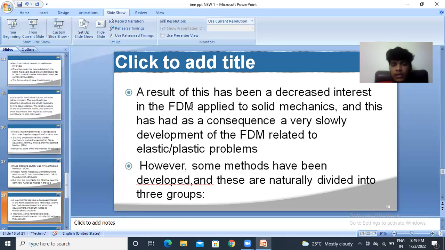A result of this has been a decreased interest in the FDM applied to solid mechanics. And this has had a consequence: a very slow development of the FDM related to elastic plastic problems. However, some methods have been developed and these are naturally divided into three groups.